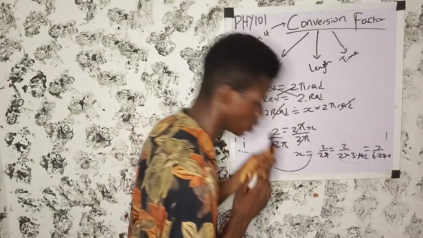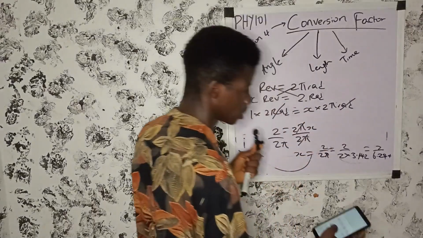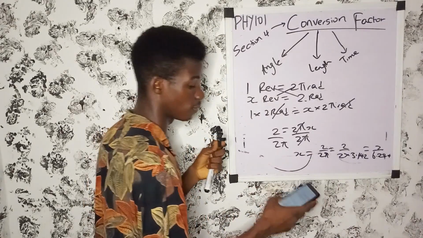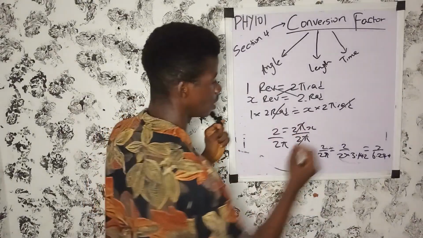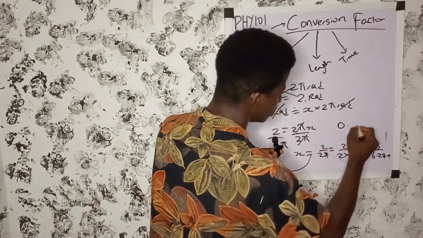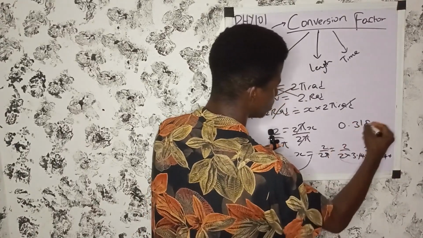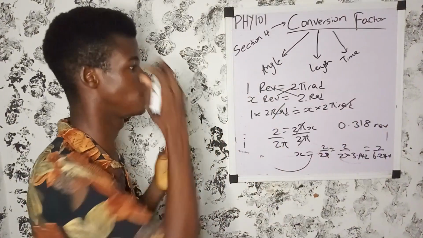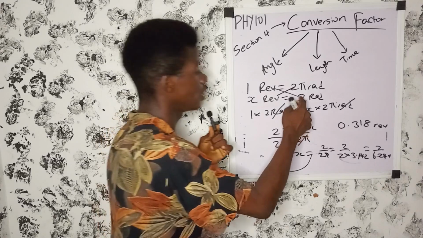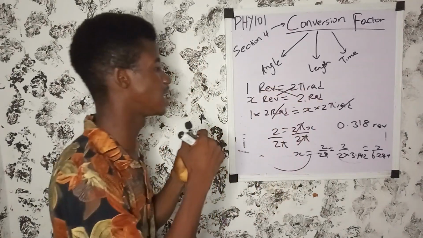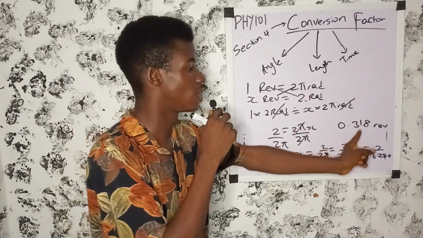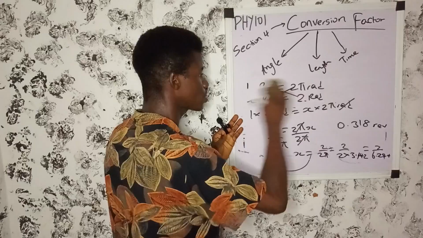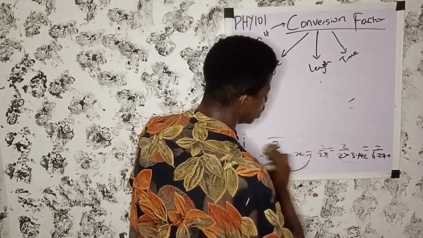So 2 divided by 6.284, you have 0.318 revolution. Okay, you have 0.318 revolution. So this tells you that 2 radian is the same thing as 0.318 revolution.